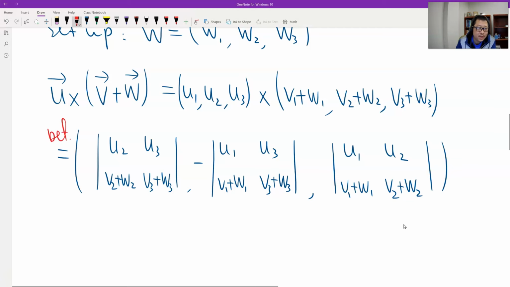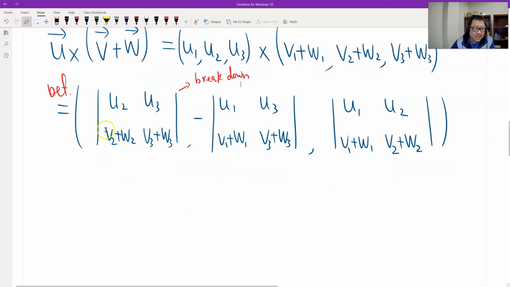And then we can break it down. Okay, so can we break it down? We do have a property we learned before. We can break this down into the sum of two determinants, right? So we can break down this term, this, this, the same. That should be the theorem, let me give you the name 2.3.1.